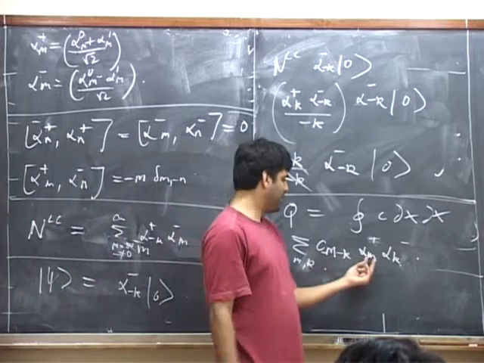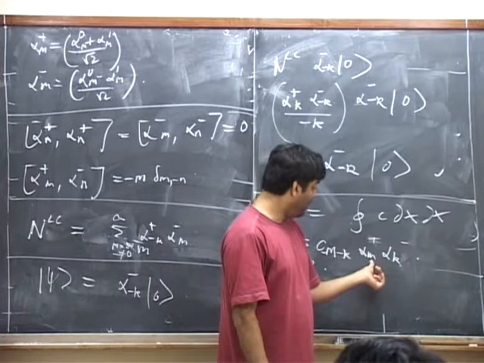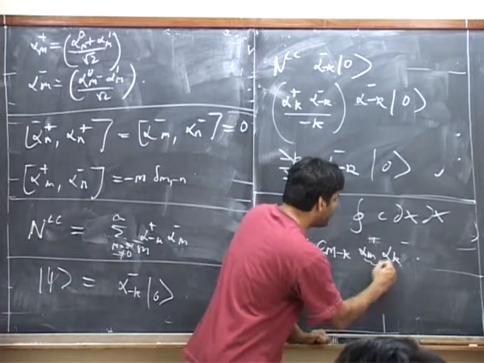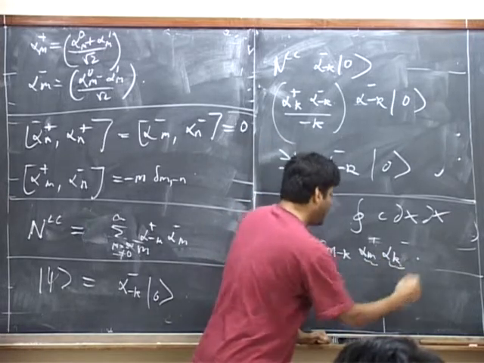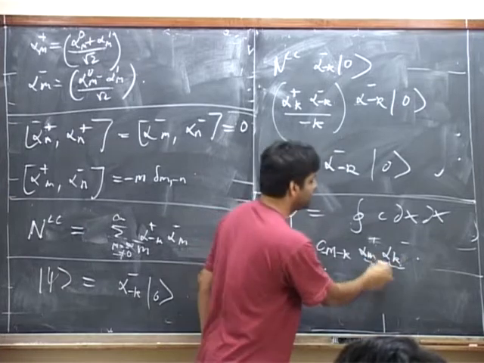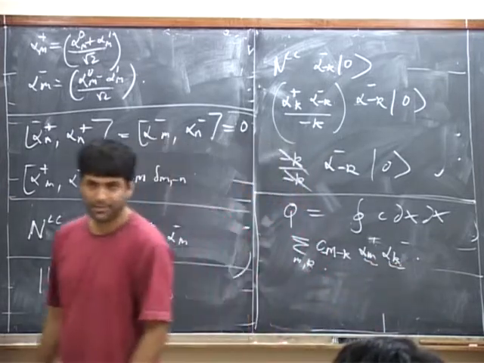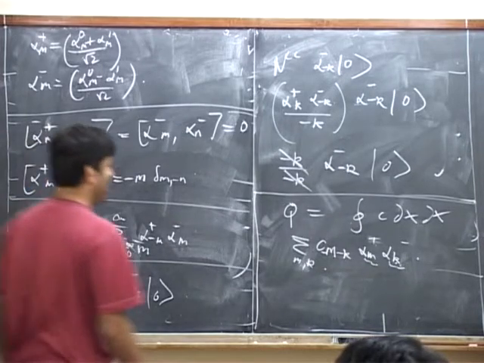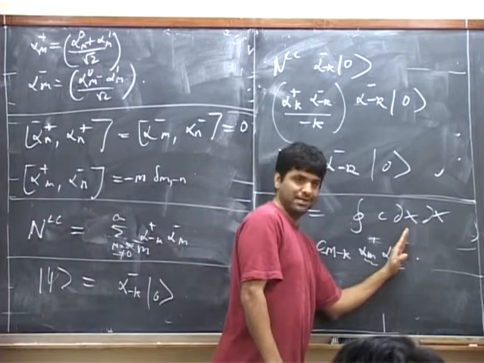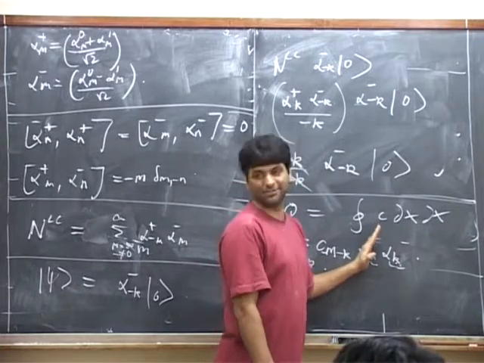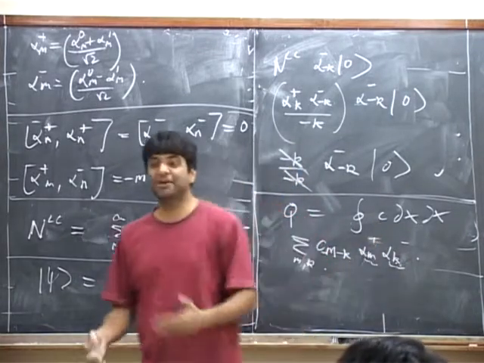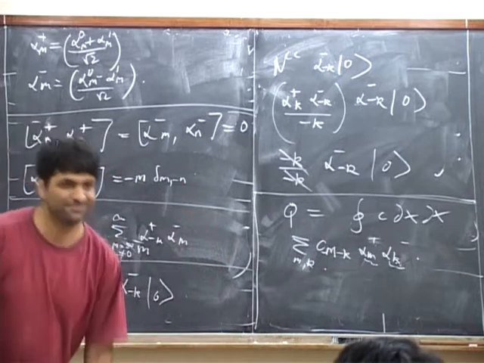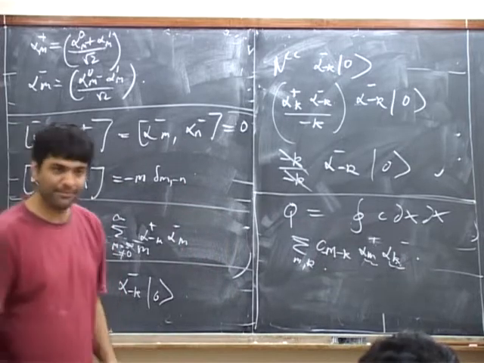Okay. So there are various cases. One case is that M is positive and K is positive. These are modes that destroy a plus oscillator and destroy a minus oscillator. So for such terms, NLC is 0. Okay?